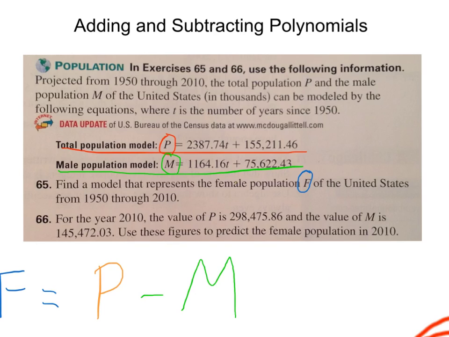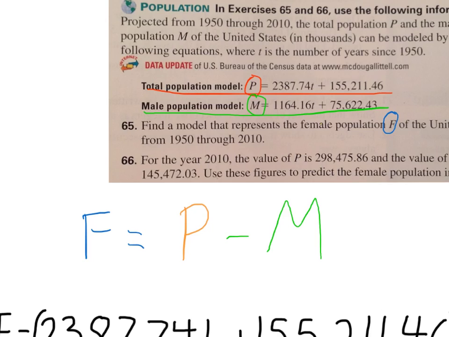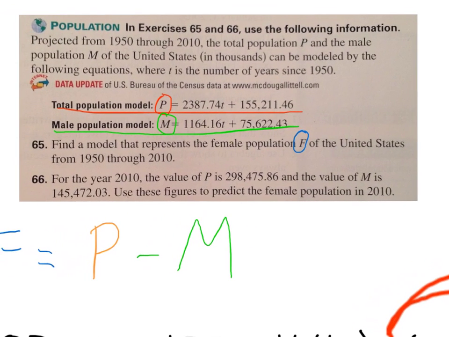So first let's find the actual value. So we know right here that the female population equals the total population minus the male population. So all we have to do is take the total population, which is P, and subtract the male population.